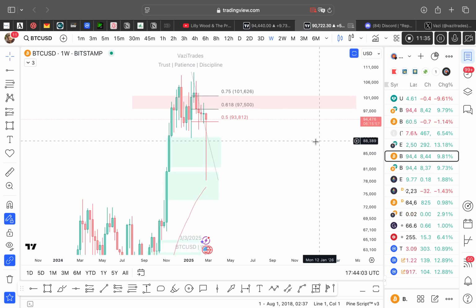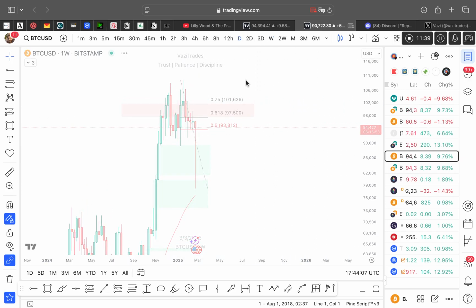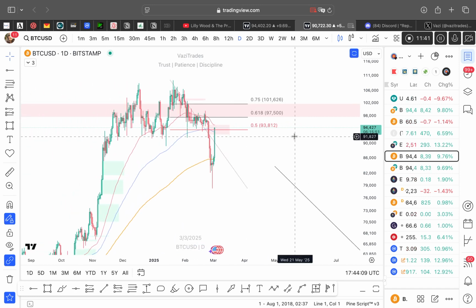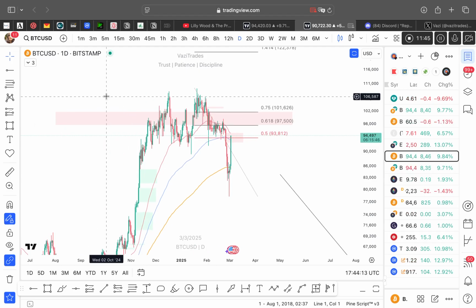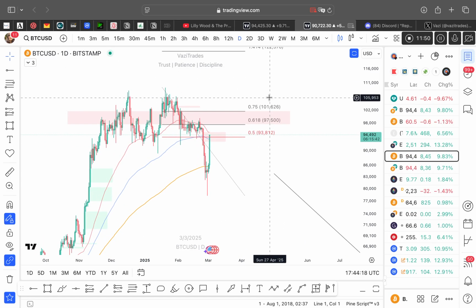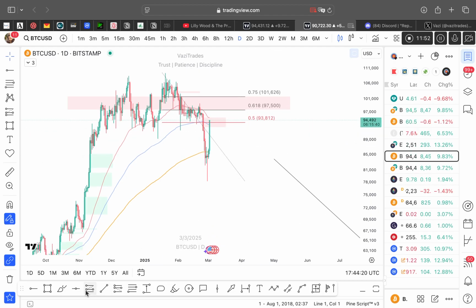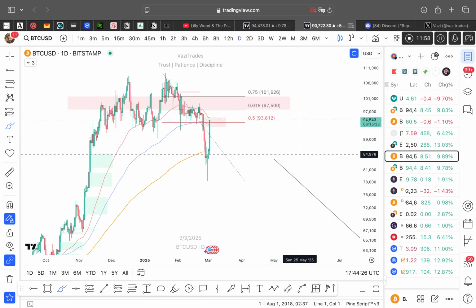I think it's going to be really interesting, and this upcoming week's close will tell us a lot, like if the price will continue going up, or it was just a bullish fake out, and already here it will find the resistance to continue going lower.